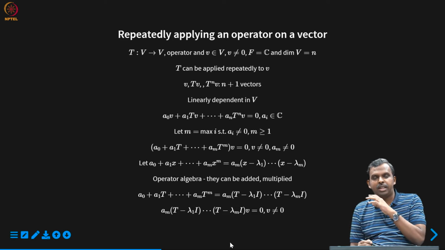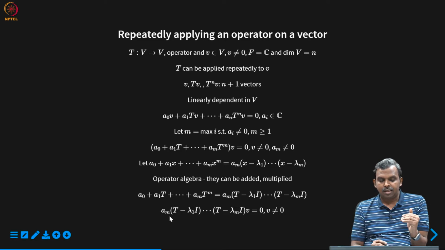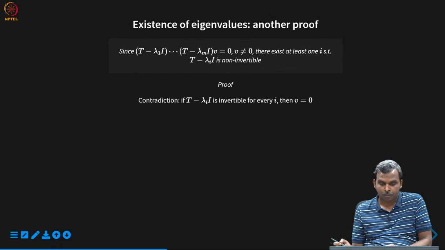You notice that eventually there has to be a linear dependence. So you find the linear dependence equation, and that is nothing but a polynomial in T times a vector being equal to 0. Then you take that polynomial and factor it into linear factors. So eventually you get a bunch of linear factors multiplying v equal to 0, where v is non-zero and am is non-zero.